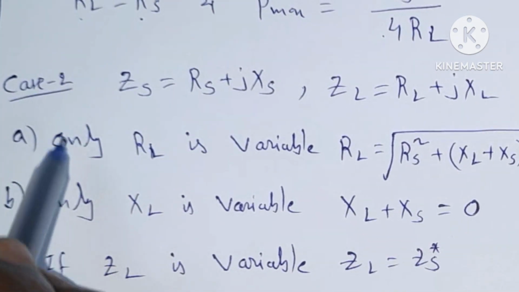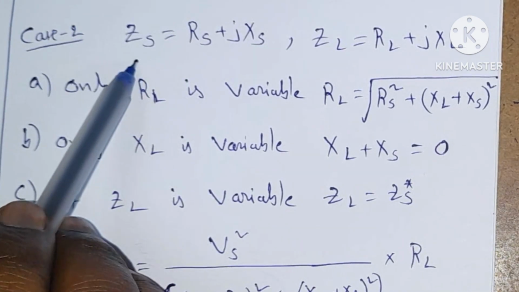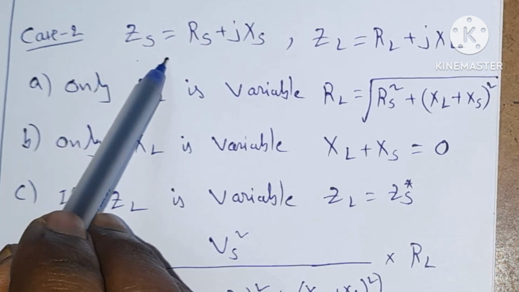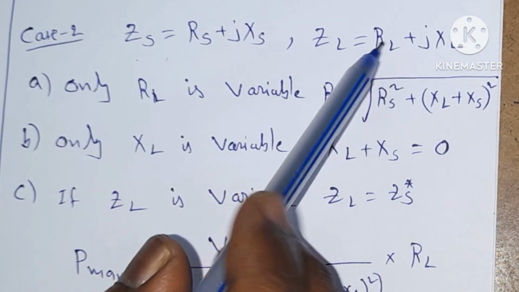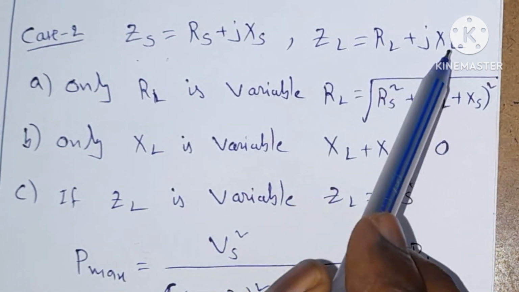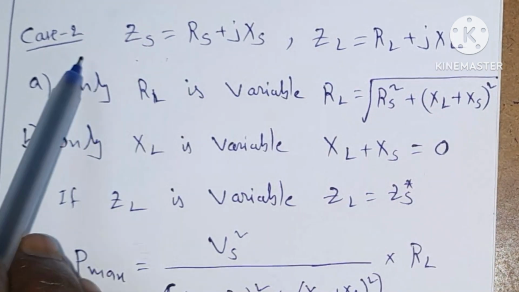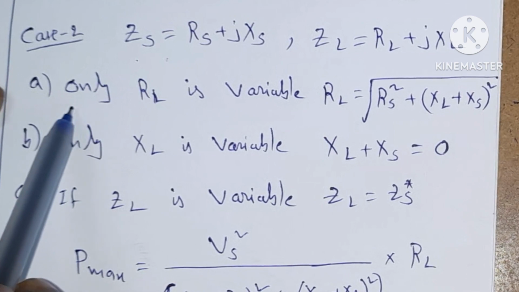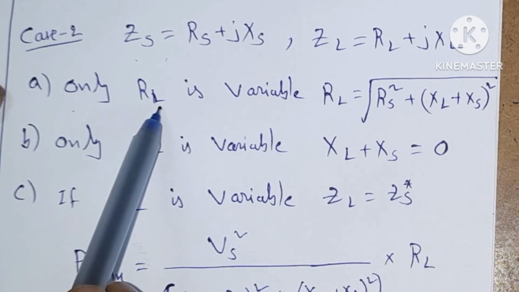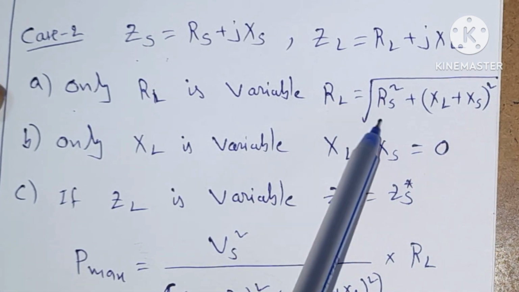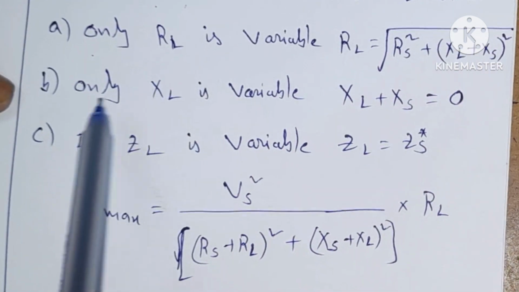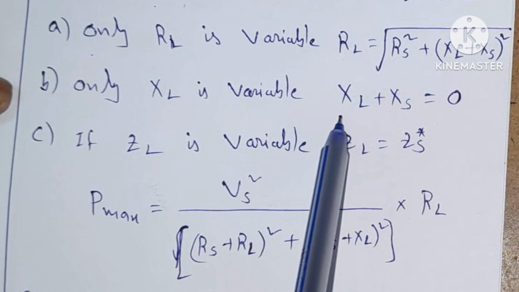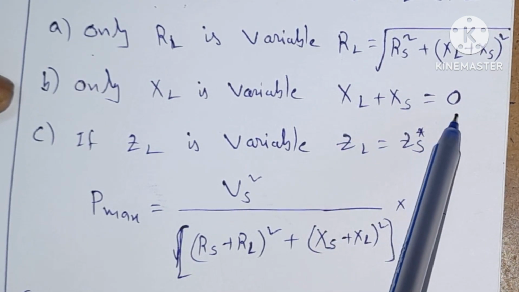Second case: if the source impedance is complex, RS plus jXS, and the load impedance is complex, RL plus jXL, then we have three conditions. First, if only RL is variable, the condition is RL equal to square root of RS square plus (XL plus XS) whole square. If only XL is variable, the condition is XL plus XS equal to 0.